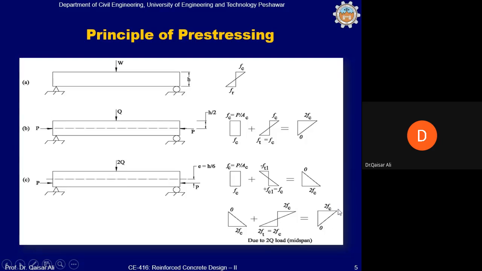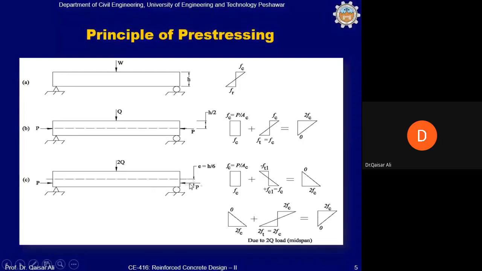The end result is that the capacity of the beam has been doubled if force P is applied at some eccentricity, in this case equal to h by 6, which means that eccentric application of force P will double the load. Eccentric application of force P is better than concentric application of the load P. It has its own disadvantages, which we will discuss in the coming slides.